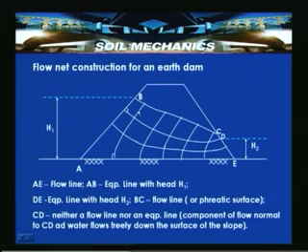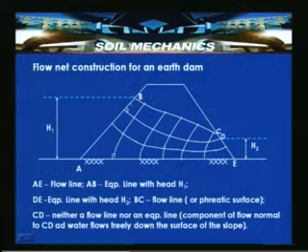If you look into this, this is the first flow channel, the second flow channel, and this qualifies as the third flow channel. If you approximate, the number of flow channels works out to be around 2.8. AB, at all points on this line, has a total head H1, since the pressure head is 0 and the elevation from the reference datum is the total head.